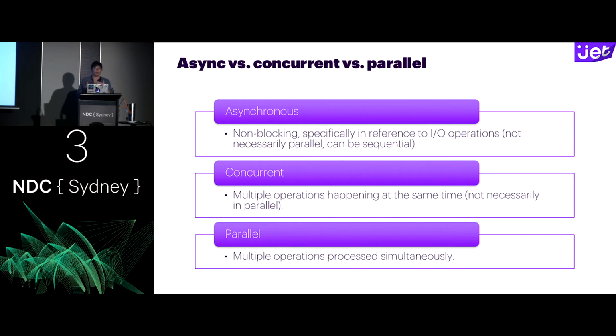It might be on one thread. It might be a little bit of one thing happening, and then a little bit of the next thing, and then a little bit of the first thing again. So they're happening basically at the same time, but not fully at the same time. Whereas parallel, they're actually processed simultaneously. So there's maybe two threads, and two things are happening at the same time.